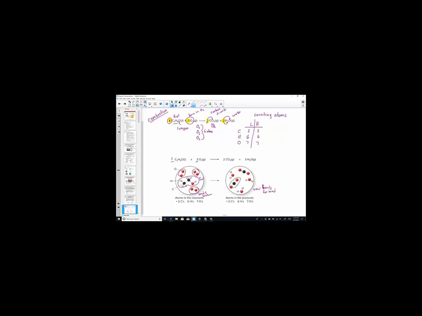We had 2 molecules of CO2 form. We had 3 molecules of water, 3 H2Os. But when we're balancing equations, we're counting individual atoms. Let me model for you what I mean. Here's the 2 carbons right here. Here's the 2 carbons right here.